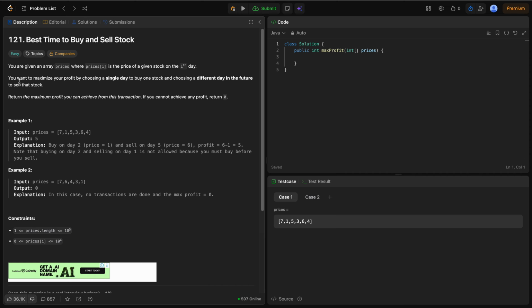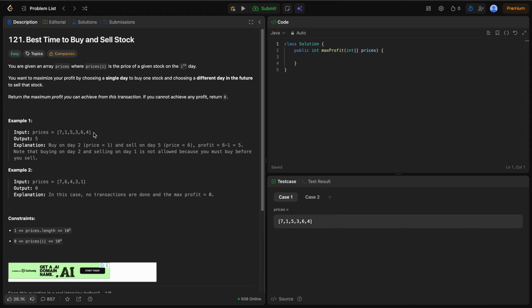Okay, now you want to maximize your profit by choosing a single day to buy one stock and choosing a different day in the future to sell that stock. So here what they said is, we need to maximize our profit first. How can we do that? By choosing a single day to buy one stock.